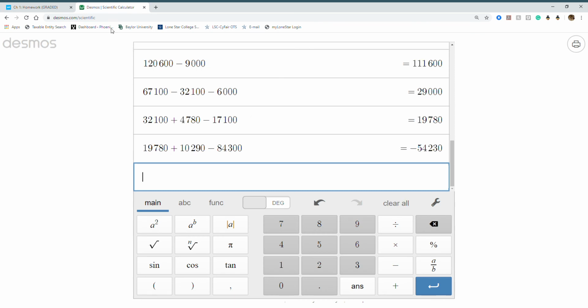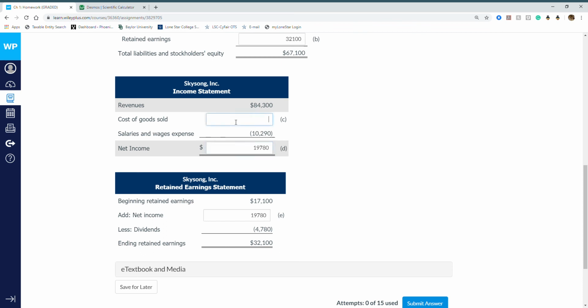Alright, negative 54,230. So you can either put it in as 54,230, or you can put it in parentheses to match with the other expense. Either way is going to be perfectly fine.